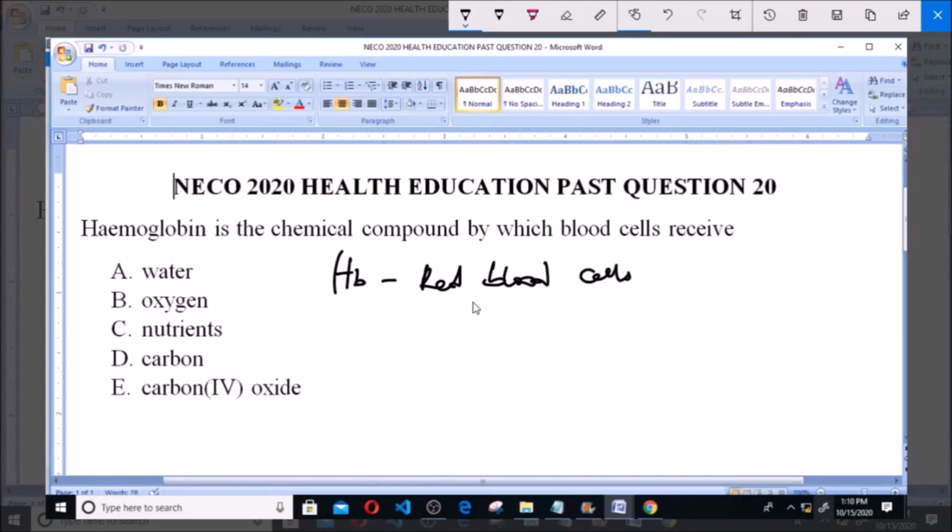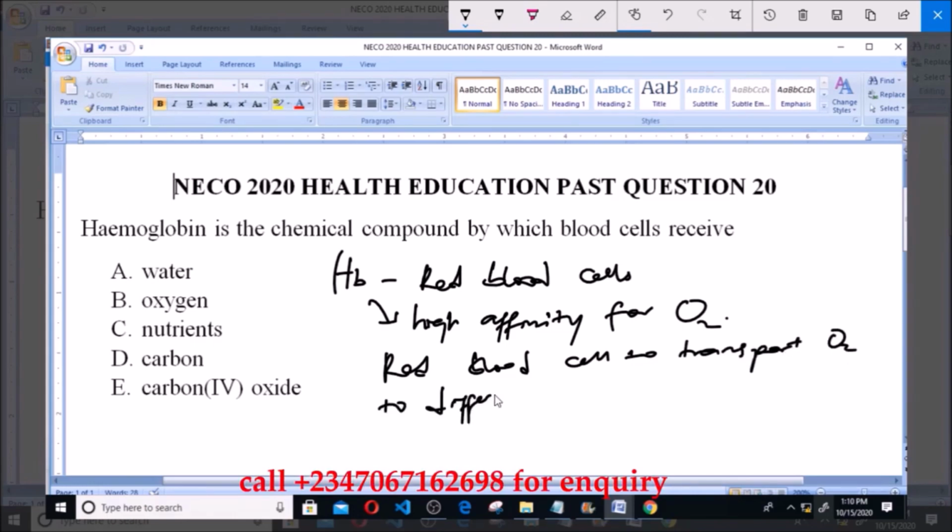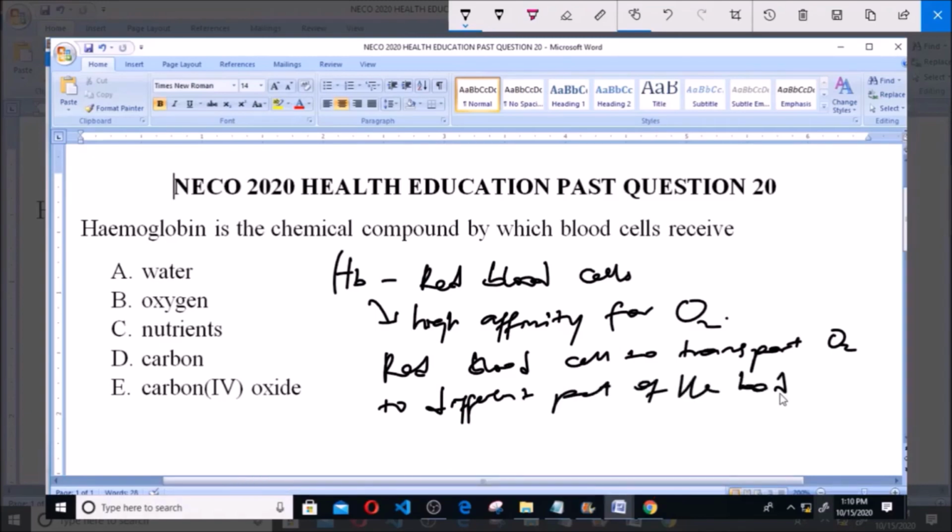Now, this hemoglobin has a very high affinity for oxygen, and that is why it is possible for the red blood cell to transport oxygen to different parts of the body. So hemoglobin enables the blood cells to receive what? Oxygen, and that is option B, oxygen from the environment.